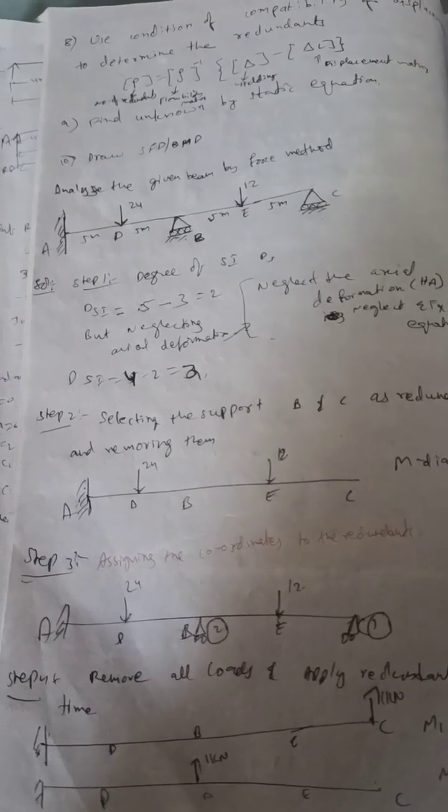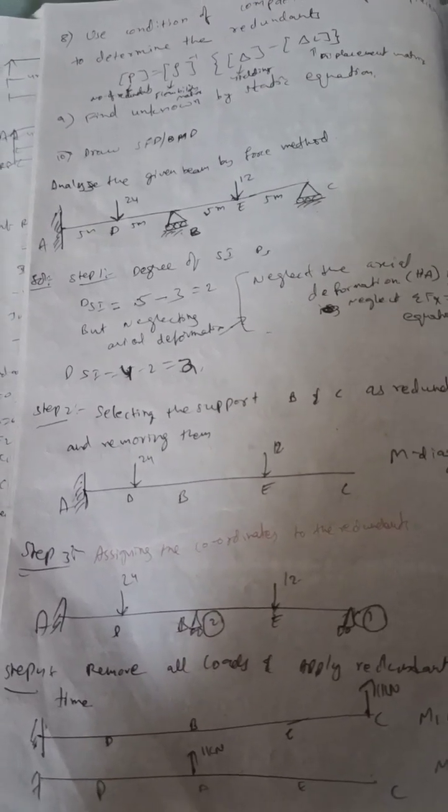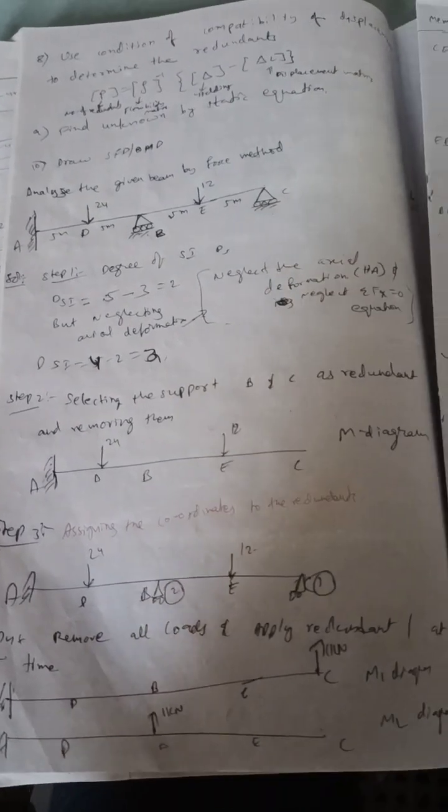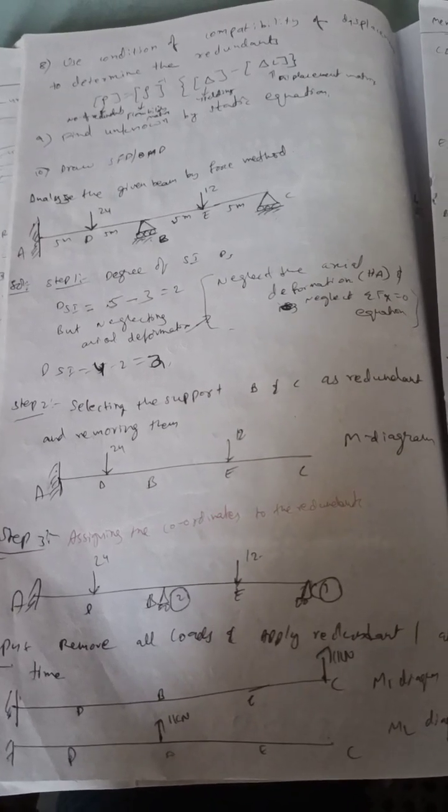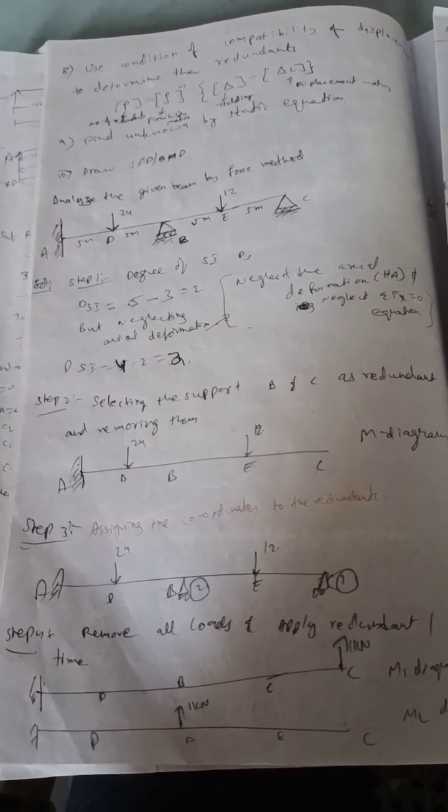That means total reactions equal 4. Equilibrium equations are generally 3, but as there are no horizontal forces, we neglect sigma Fx equal to 0, so 2 equilibrium equations. So 4 minus 2 equals 2. Neglecting axial deformation, HA, and the sigma Fx equal to 0 equation, we get DSI equal to 2. So the flexibility matrix is a 2 by 2 matrix.